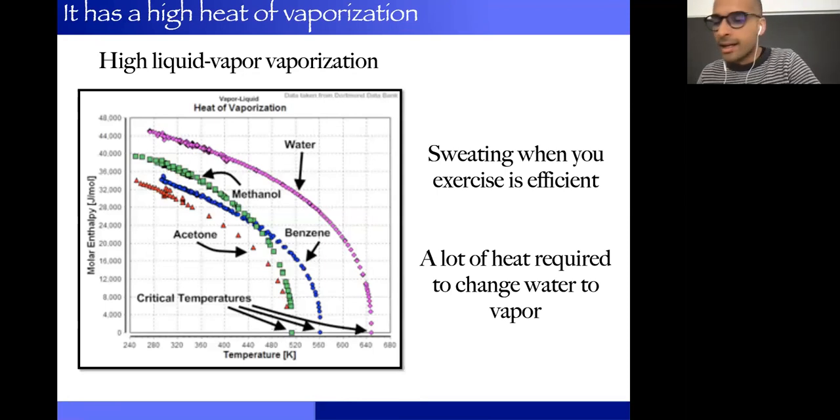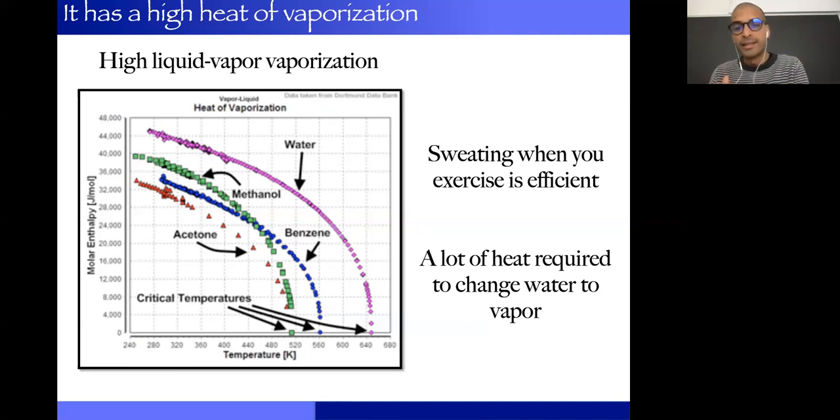Water has a high heat of liquid vaporization. These are curves showing the molar enthalpy versus temperature of different liquids. The energy required to take 1 gram or a certain amount of water and convert it into the vapor phase is much larger compared to other liquids.